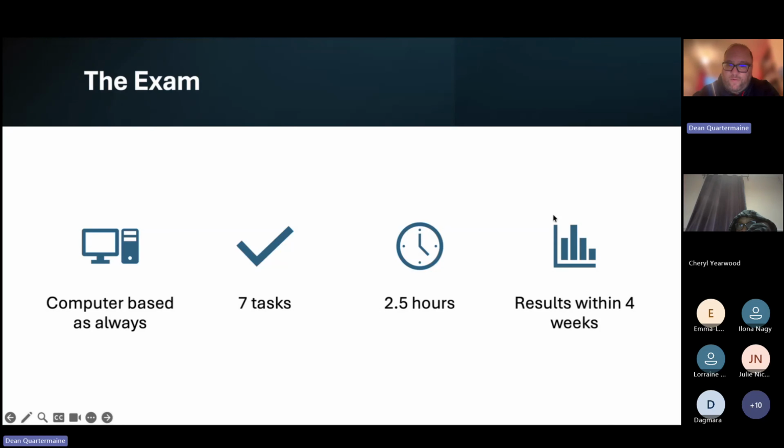That's just everything that we're used to from our existing exams. All level 4 exams, with the exception of the applied management accounting exam, are 2.5 hours. They're all computer based, as all AAT exams are, and it's 7 tasks.